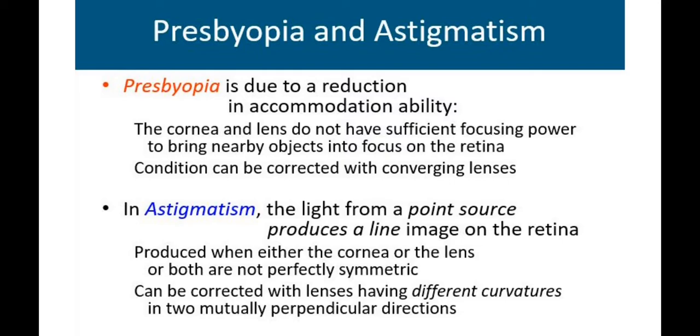So the lens in your eye works in part as a cylindrical, not spherical, lens. So the focal length in two perpendicular axes is different. It is not perfectly symmetric. And then it can be corrected with lenses having different curvature in two perpendicular directions.